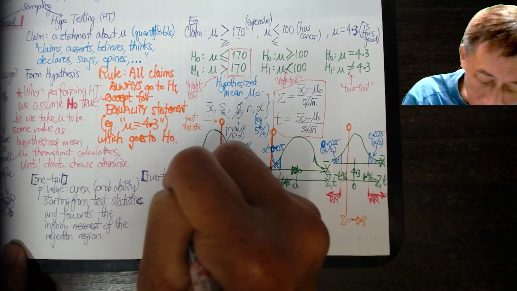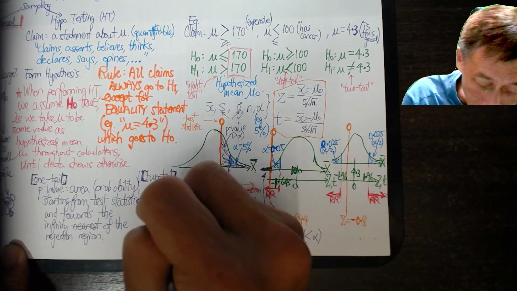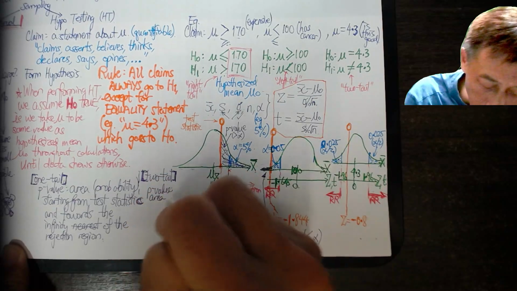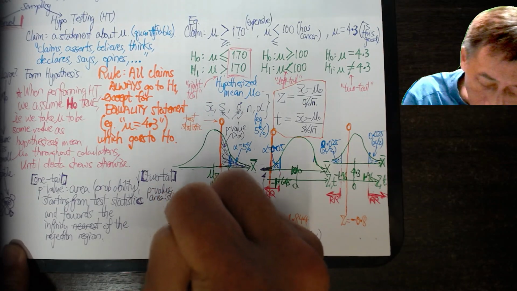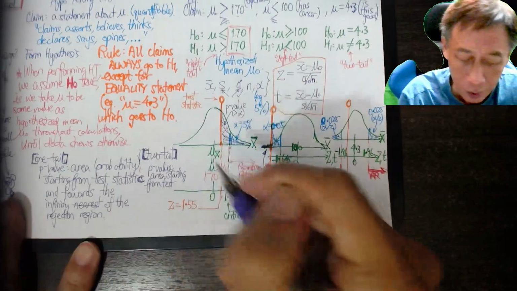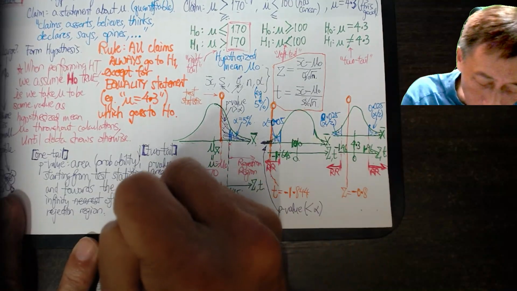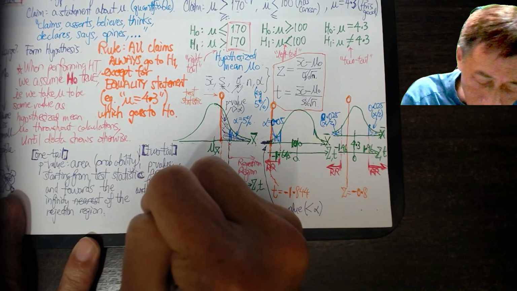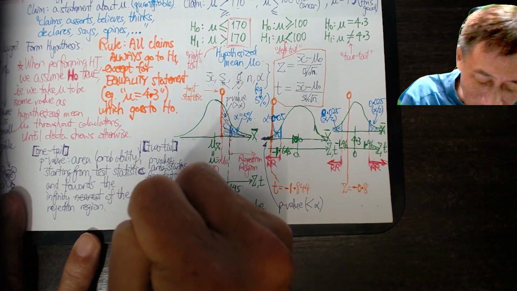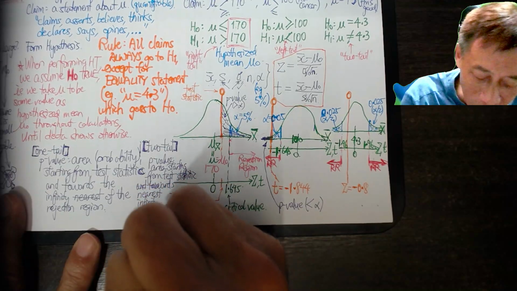For the two tail case, the p-value is the area starting from, same thing, test statistic, from test statistic and towards the nearest infinity, and then times 2.